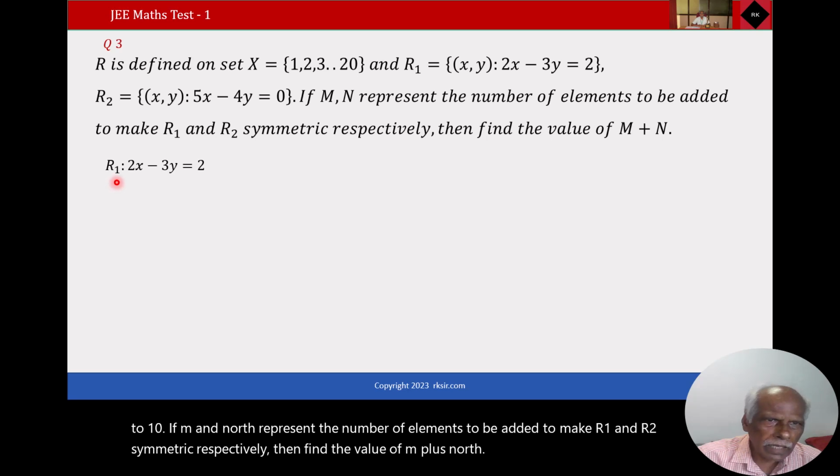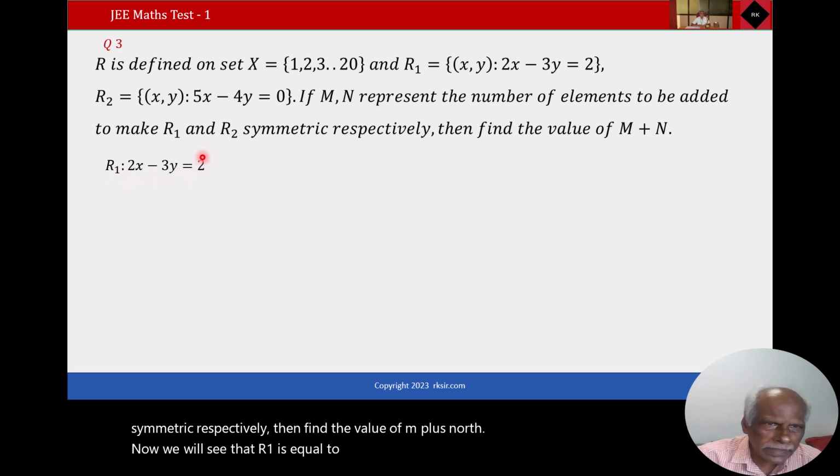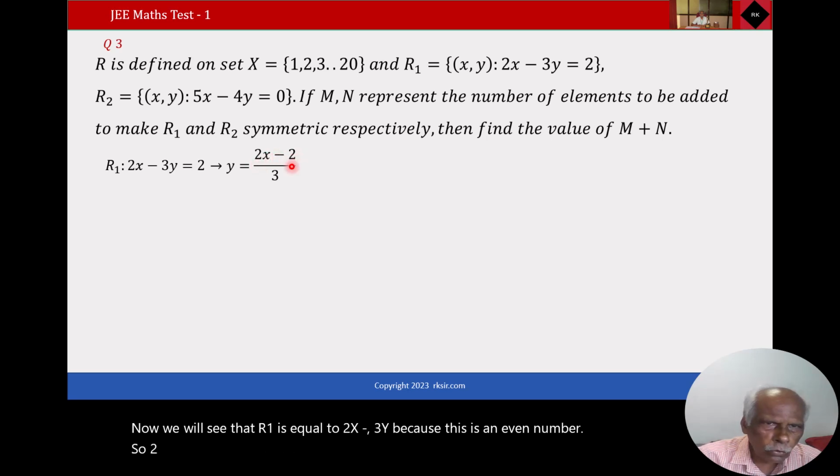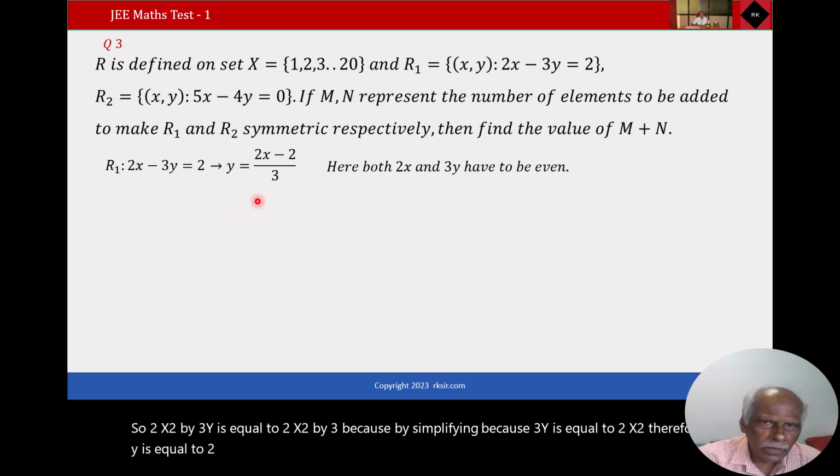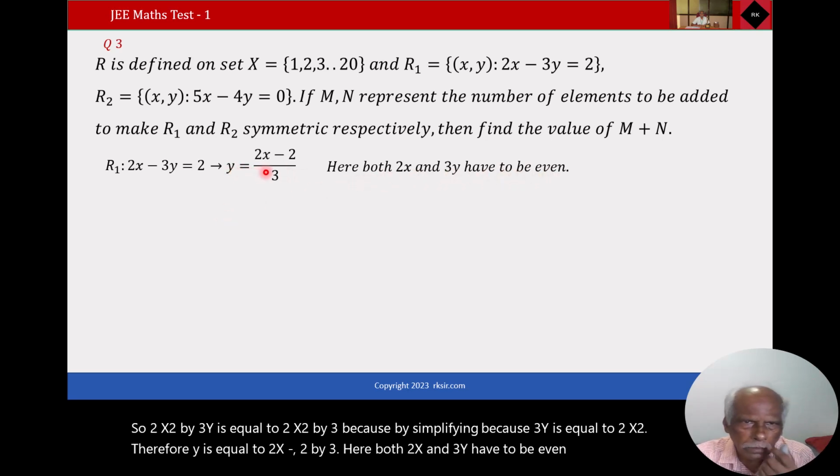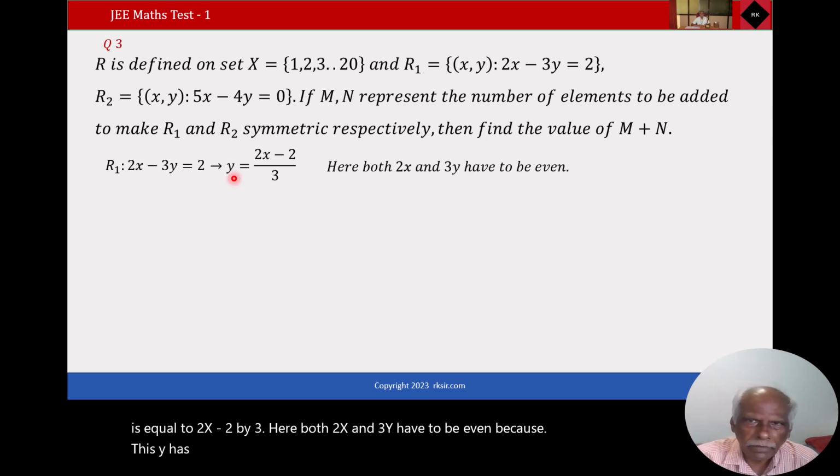Now we will see R1, which is 2x minus 3y. This is an even number. So by simplifying, 3y is equal to 2x minus 2, therefore y is equal to (2x minus 2) by 3. Here both 2x and 3y have to be even because this y has to be even, right?